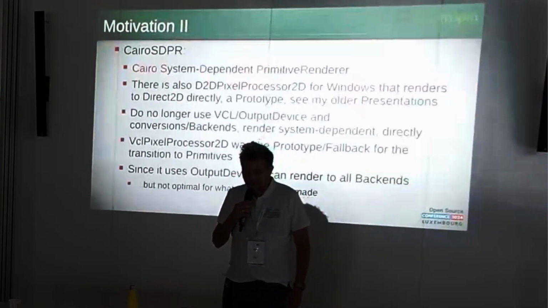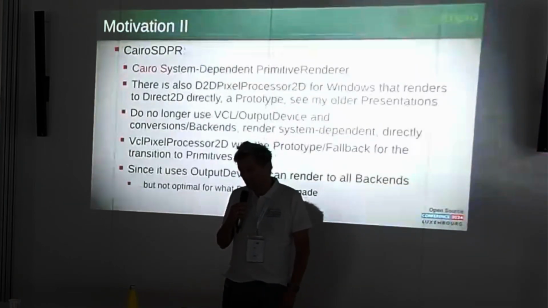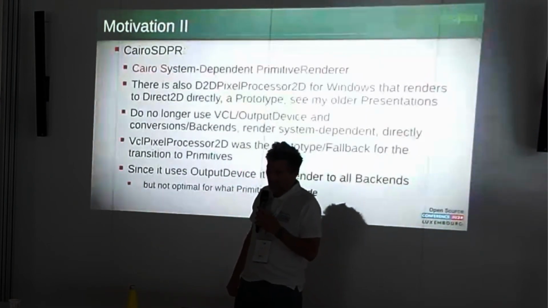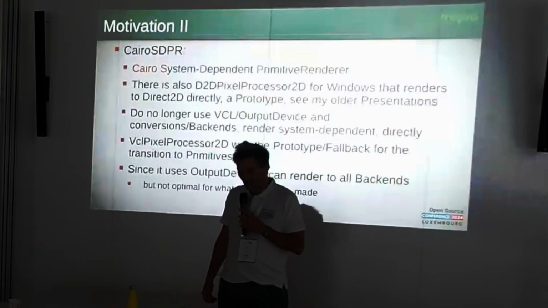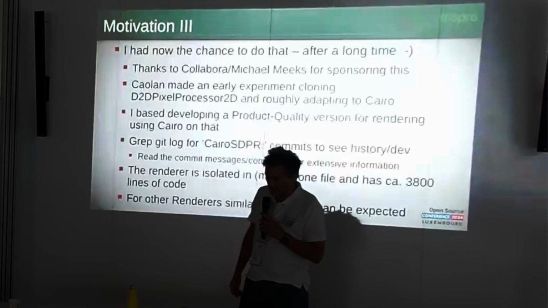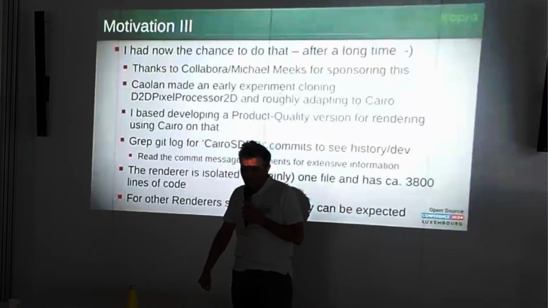But it cannot be optimal because the backends and VCL API and the output device API is much too tight and integer-based and does not support the necessary stuff to render directly and to use more modern graphic systems more directly.